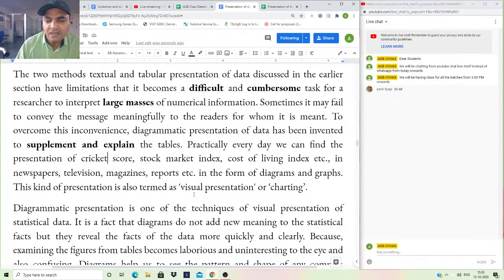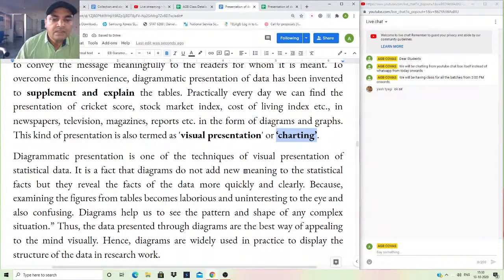You might have seen various types of diagrams and graphs. These are also termed visual presentation or charting. They are also known as charts. So these diagrams and graphs are one of the methods of visual presentation of the data.